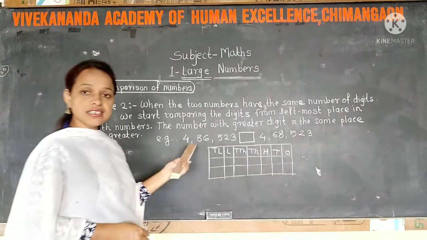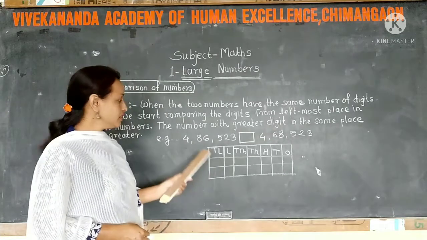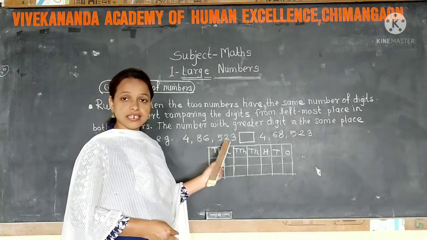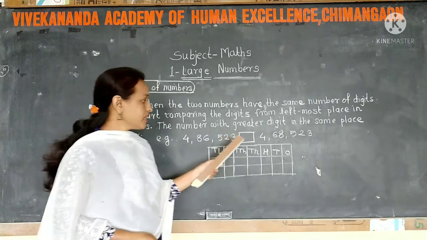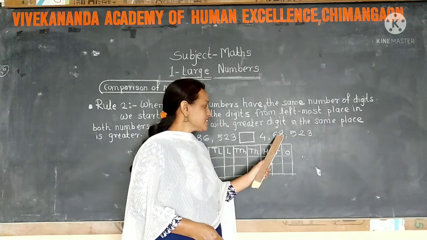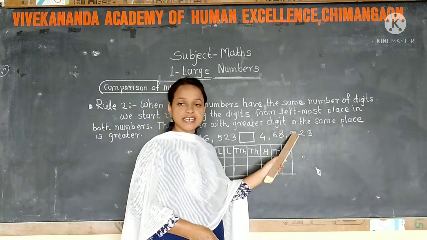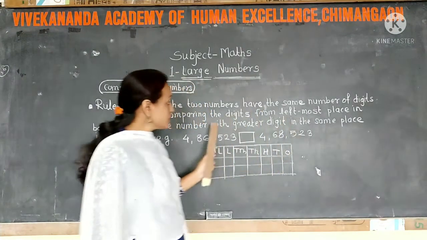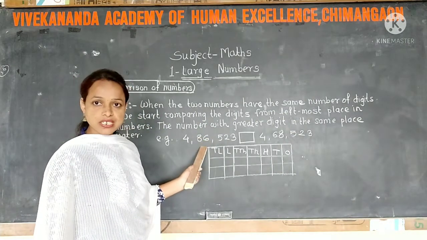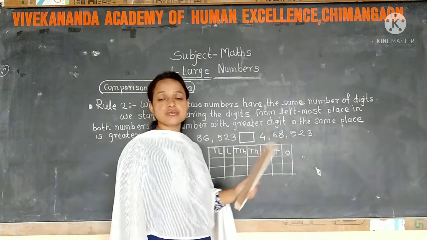So here consider one example. Look here: 4,86,523 and the other number 4,68,523. If you observe, they have the same number of digits, the first number is 6 digits and the second number is also 6 digits.